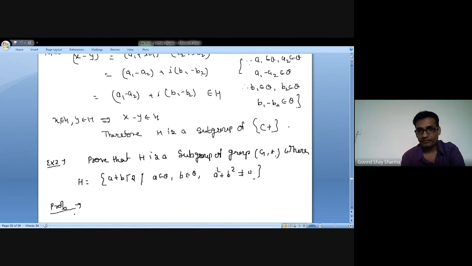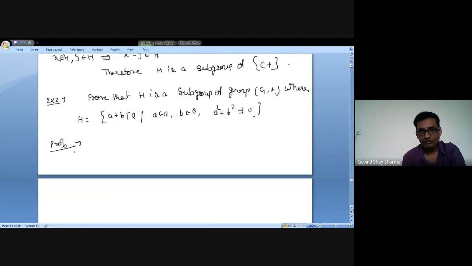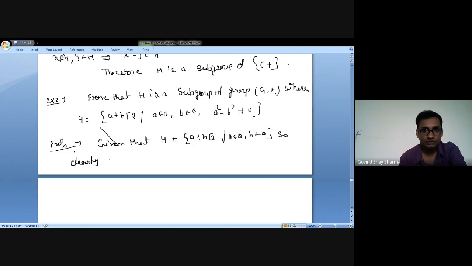Okay, so again, let clearly, given that H is equal to a plus b root 2. So clearly H is a non-empty set.